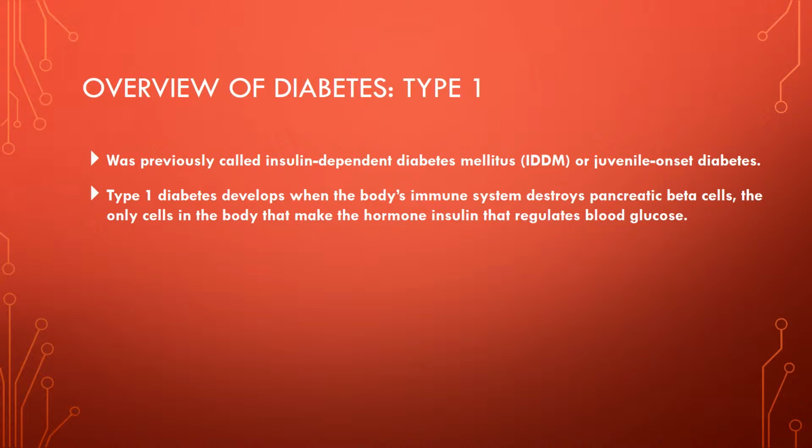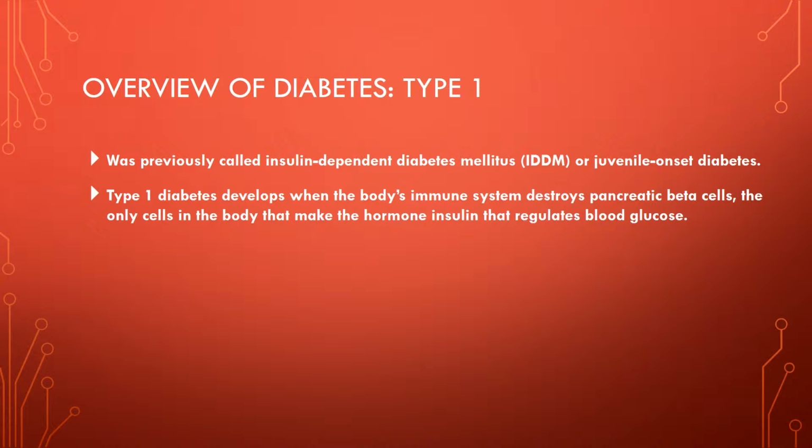What happens with type 1 diabetes is that the cells of the pancreas, the beta cells, whose job is to secrete a hormone called insulin that breaks down or causes the body to take up and break down blood glucose, those cells are damaged because of an immune response.